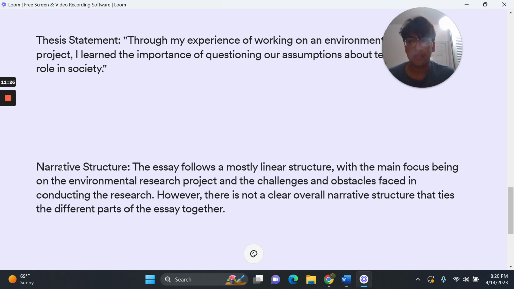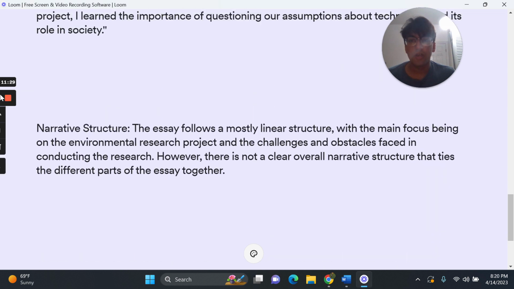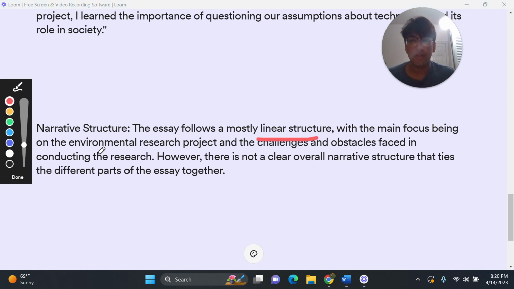Okay, next is the narrative structure. So this person is saying that they're going to follow a linear structure with the main focus being on the research project and the challenges and obstacles faced in conducting the research, but there's no clear overall structure that ties the different parts of the essay together.